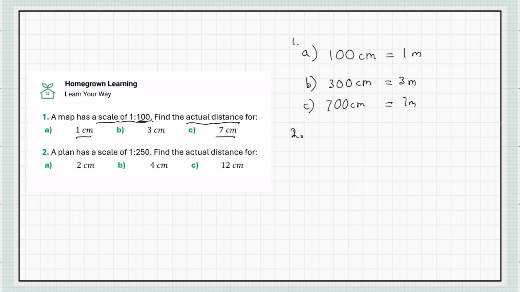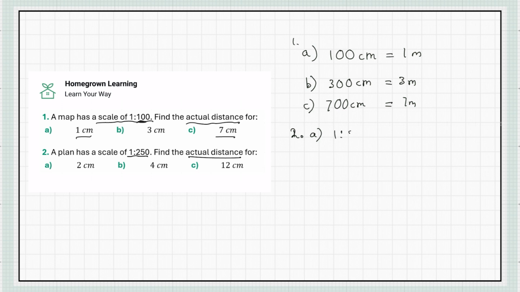For question 2, we have a plan that has a scale of 1 to 250. That means one part will be multiplied by 250 times in order to get the actual distance. So our scaled amount to start off with is 2 centimeters, right? So we can also do this as the ratio.